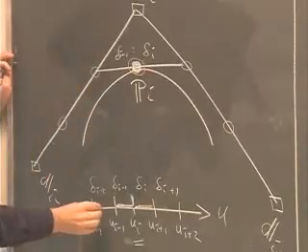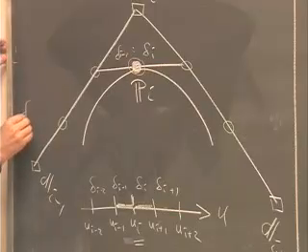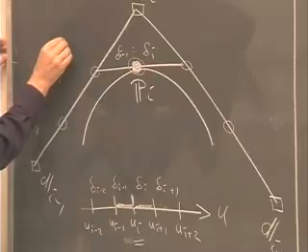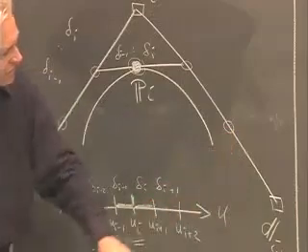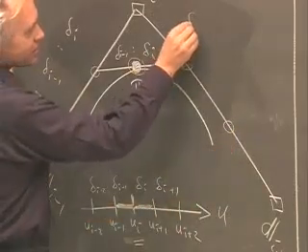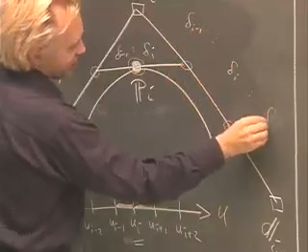Here I have the ratio of these three intervals, and I called them delta_{i-2} to delta_{i-1} to delta_i. And then the ratio I have here must be delta_{i-1} to delta_i to delta_{i+1}.